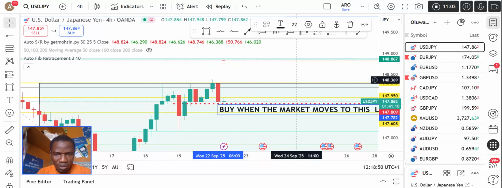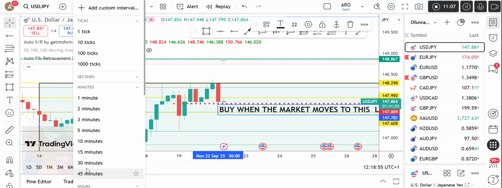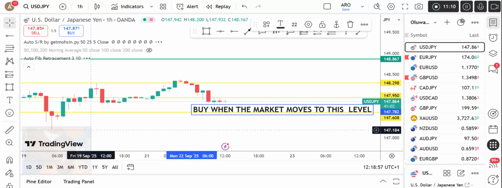We need to wait for that confirmation before we place our trade on that area.